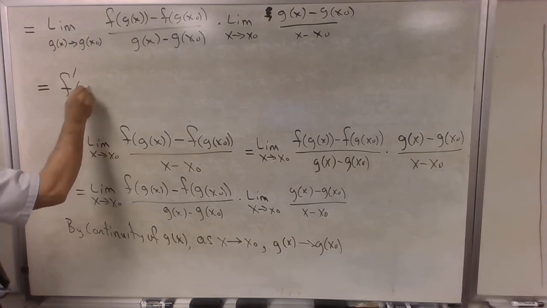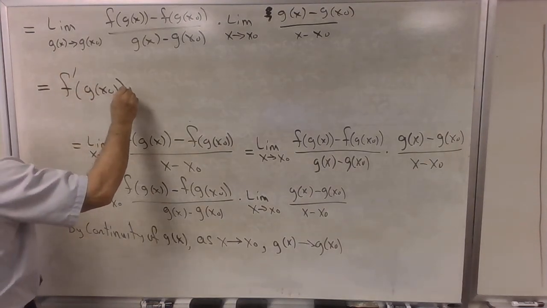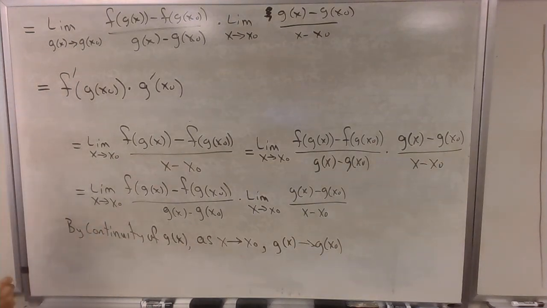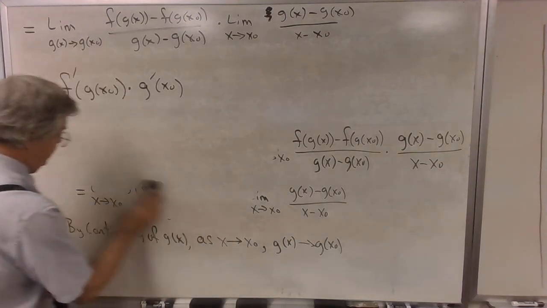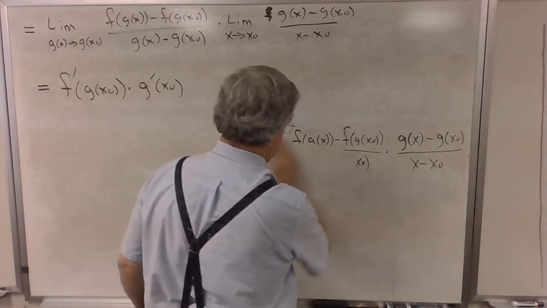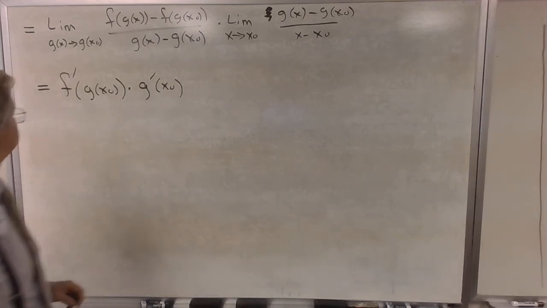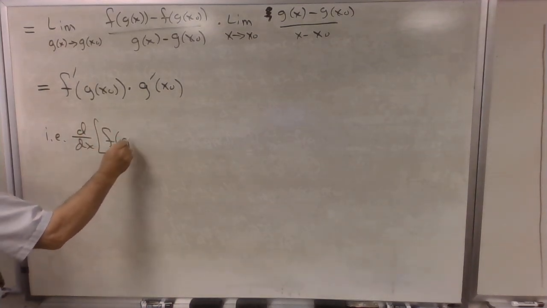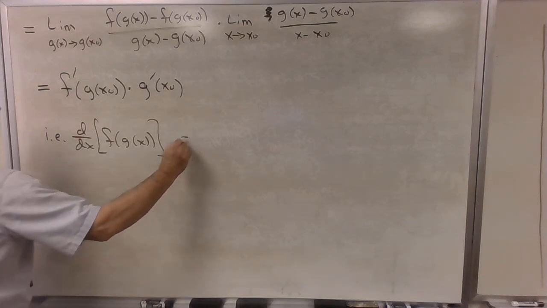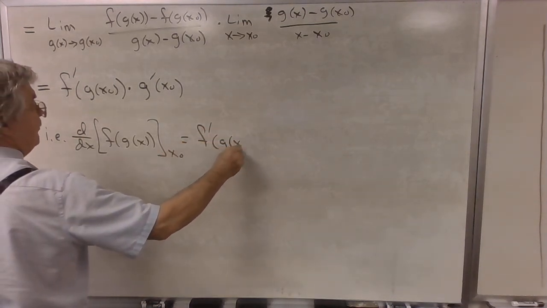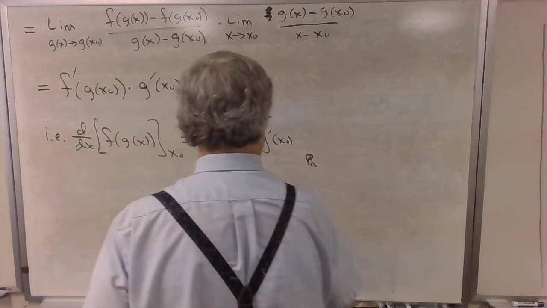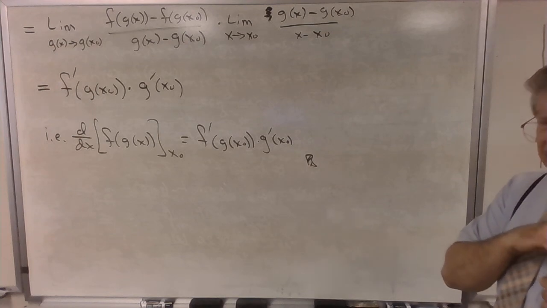So this is f prime of g of x naught times this thing, which is g prime of x naught. So there's our chain rule.